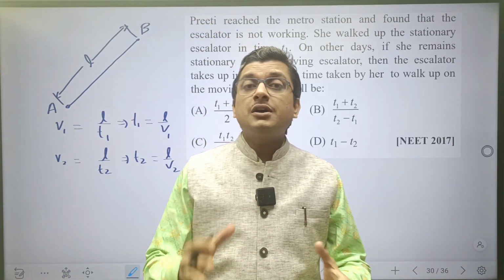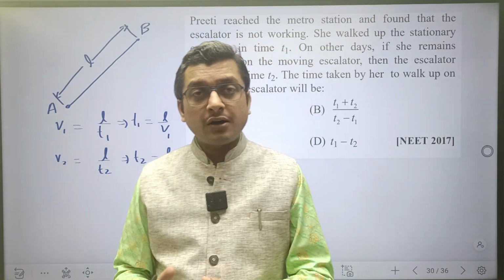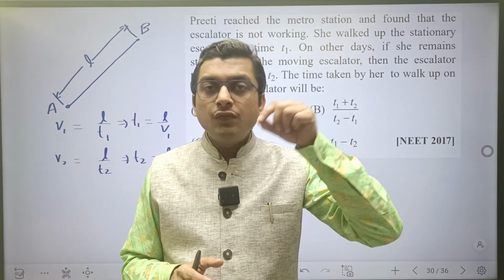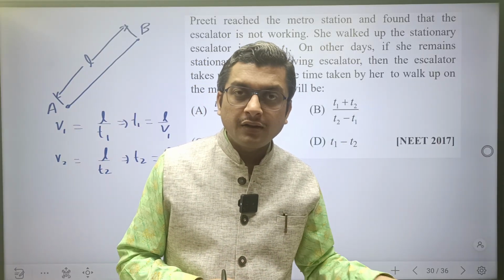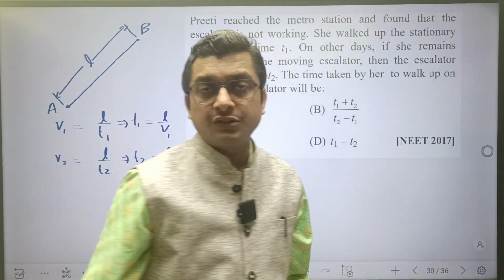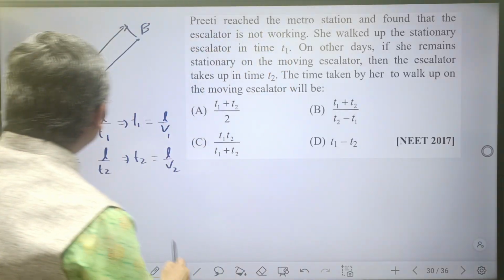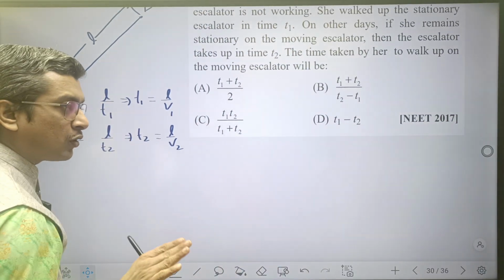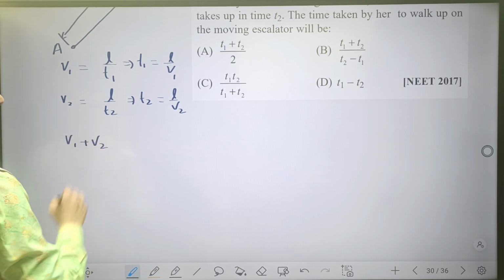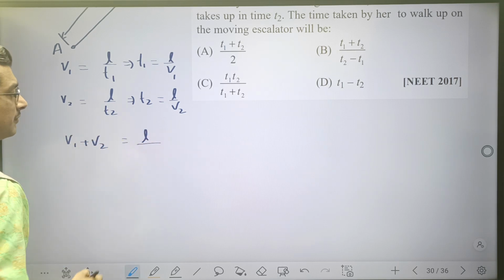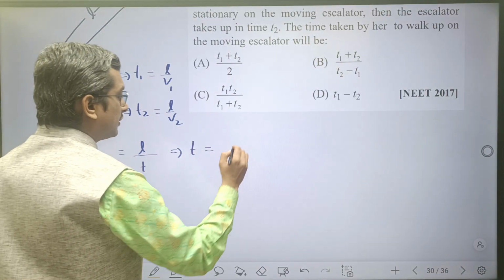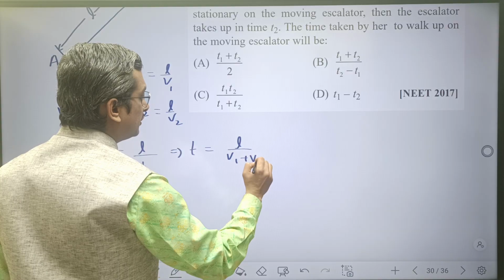So the velocity of Preeti with reference to ground will be the sum of the two velocities, that is, its own velocity with reference to the escalator plus the velocity of the escalator, which also pushes her upwards, isn't it? So in the last case, when both are moving along the same direction, the net velocity of Preeti becomes v1 plus v2. Distance is again the same, and let us suppose the time taken is t. So here t is L by v1 plus v2.